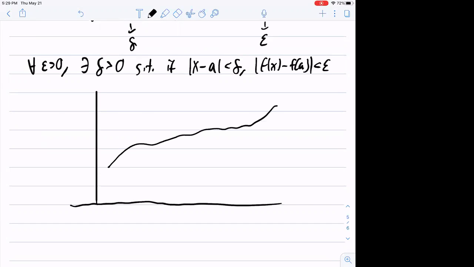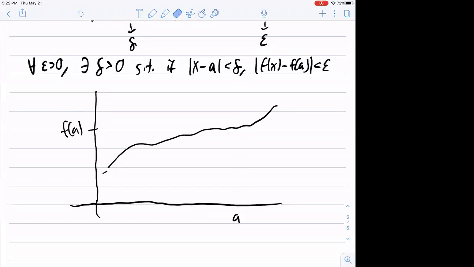Not very intuitive, but let's say A is here, f of A is here. Oh, actually, that's pretty bad. Maybe a little lower. Something like this.